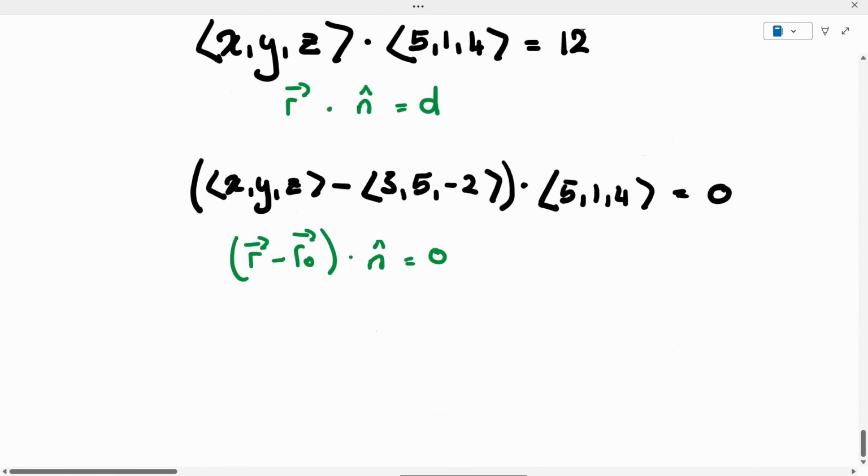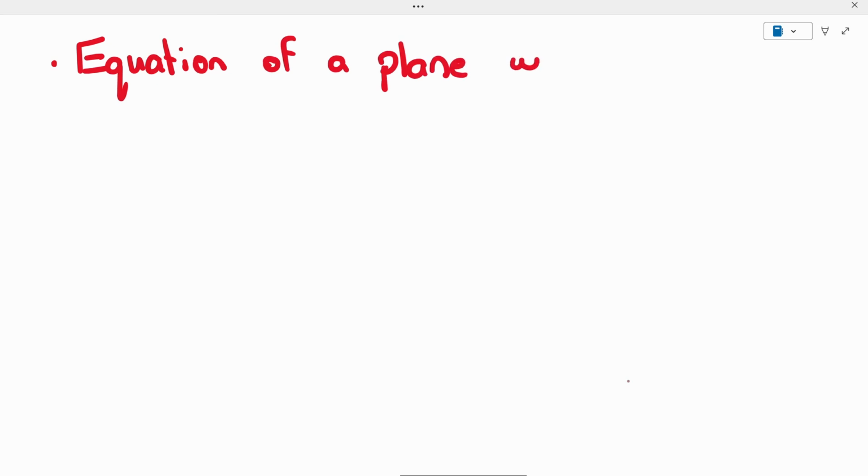So the other way you could find the equation of a plane is with not 2, because it's not a line, with 3 points. So, equation of a plane with 3 points on the plane.